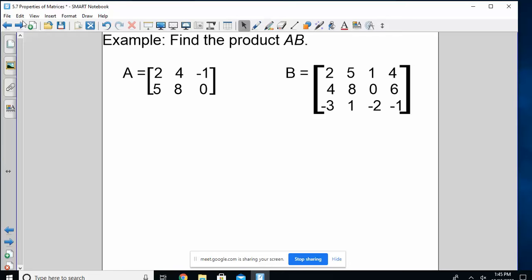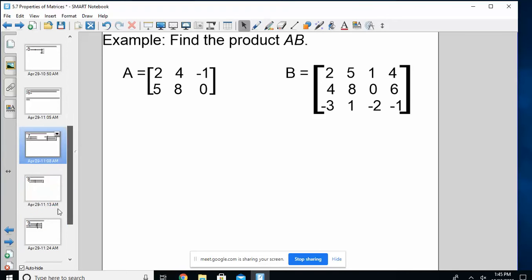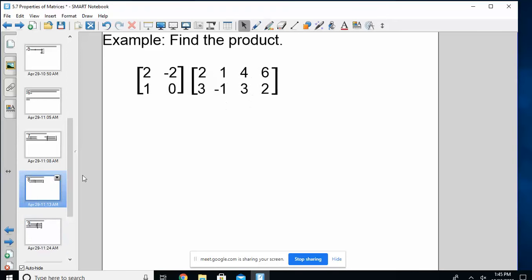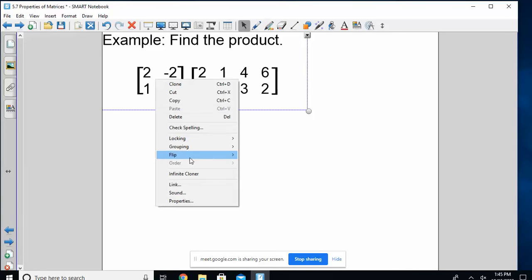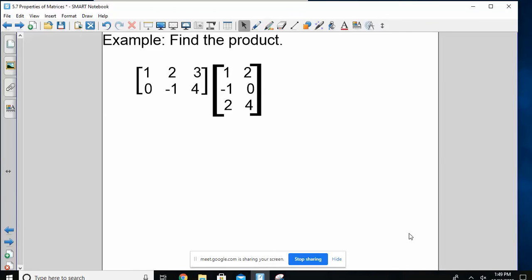I want you guys to try one. So here's yours. So we have 2 rows and 3 columns for the first one.